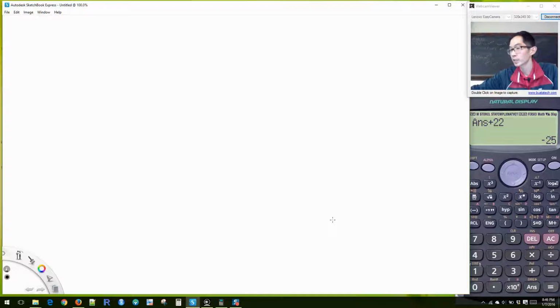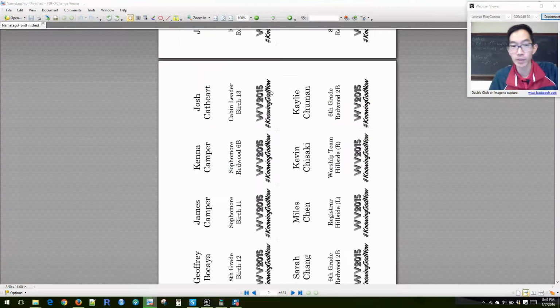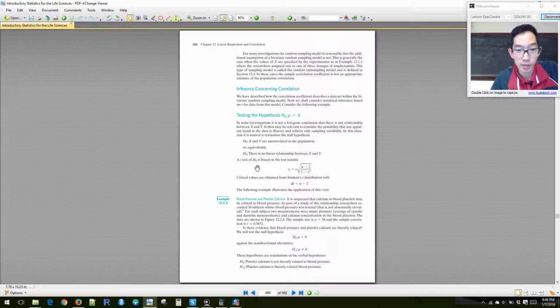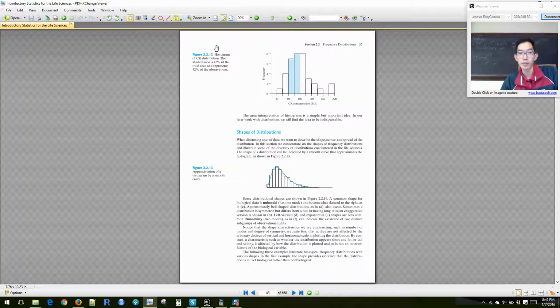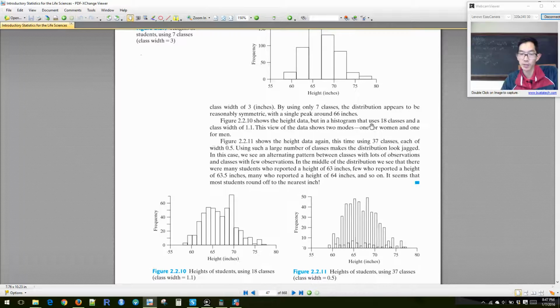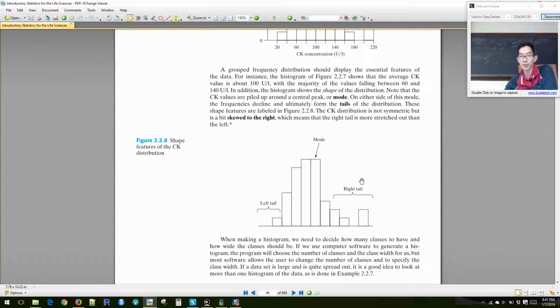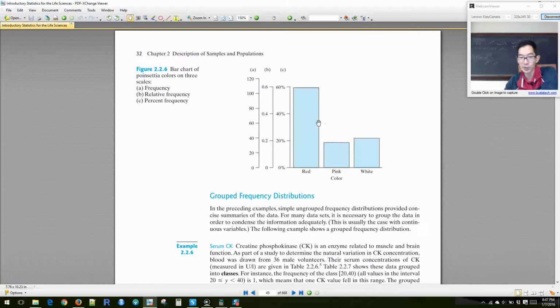Okay. So here we have a few histograms that the textbook drew.